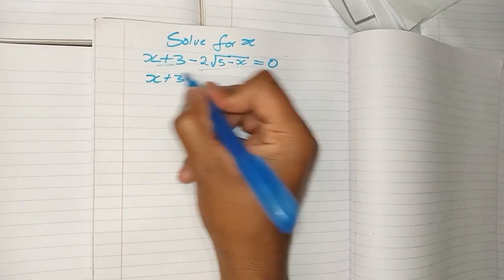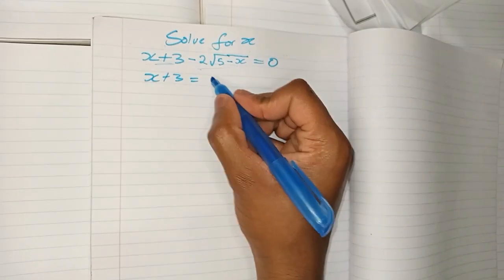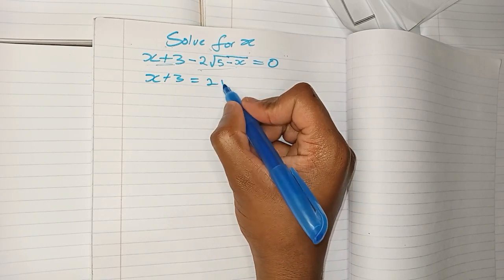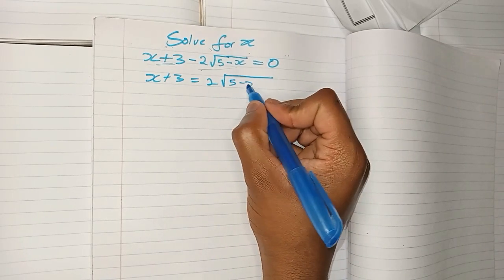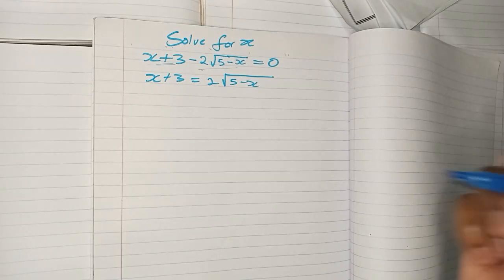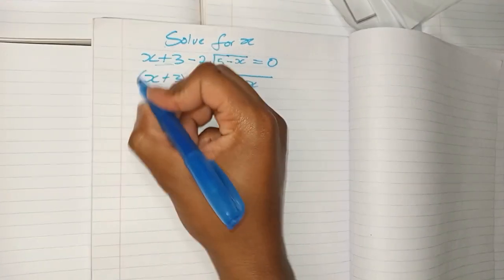x plus 3 is equal to 2 root 5 minus x. Square both sides.